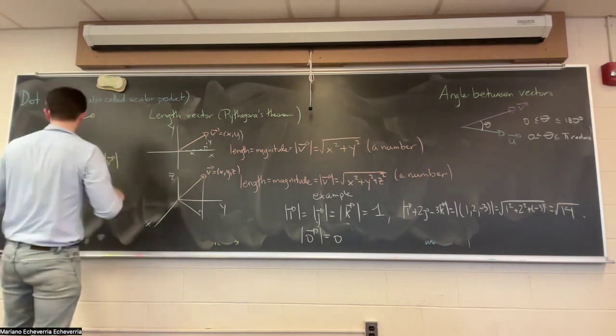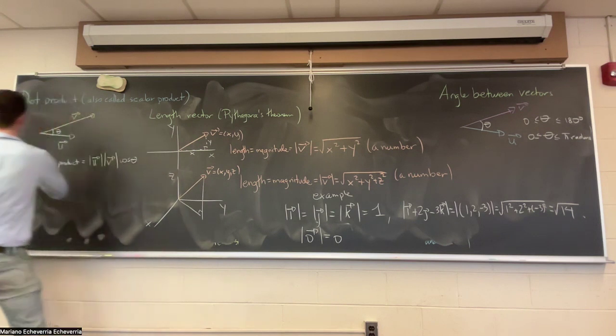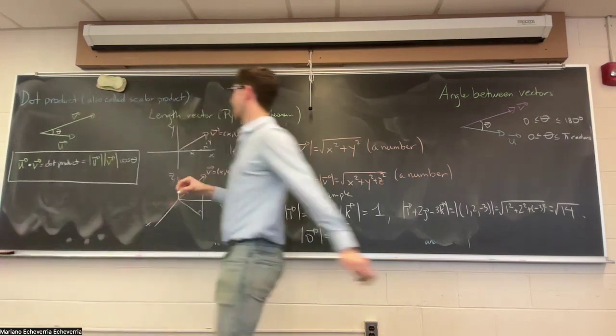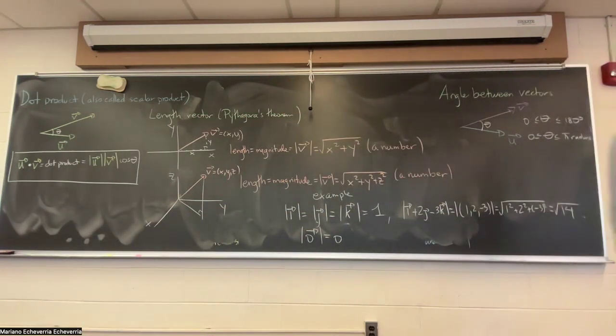That's the important thing in the dot product. So the product of the lengths times the cosine of the angle.